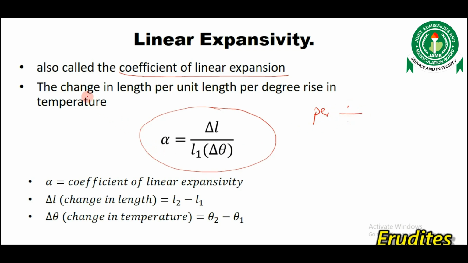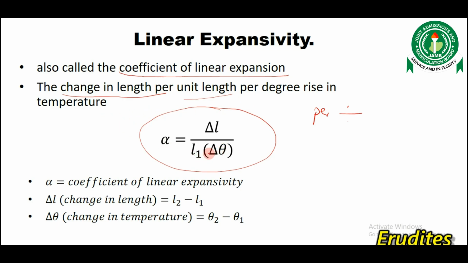So linear expansivity can be defined as the change in length, which is represented by delta L, per unit length, L1, per degree rise in temperature, the change in theta.